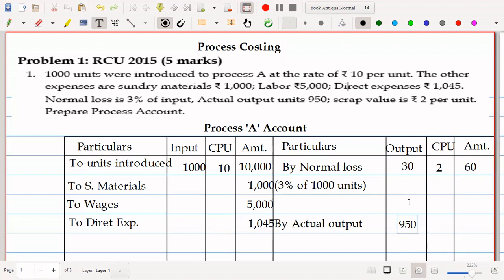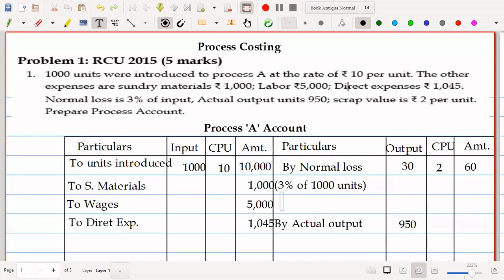The difference of 20 units will be your abnormal loss. If the total comes more on the output side, the balancing figure will be abnormal gain. Now the total is more in the input column, that is 1,000, and the output shows 20 units less. That 20 units will be balanced by abnormal loss.